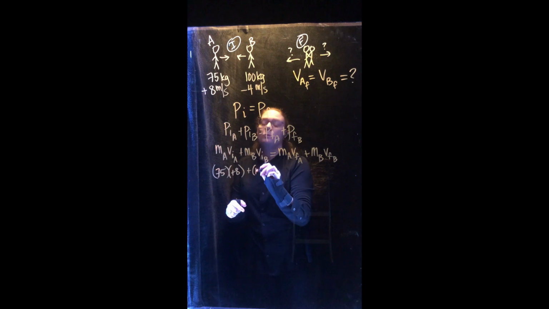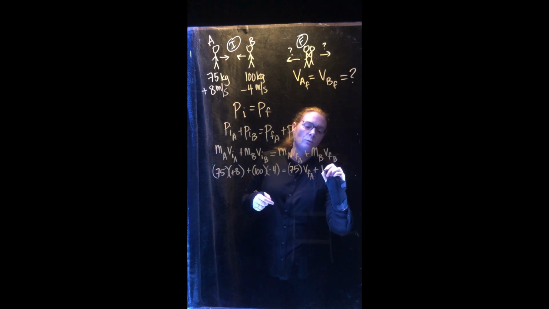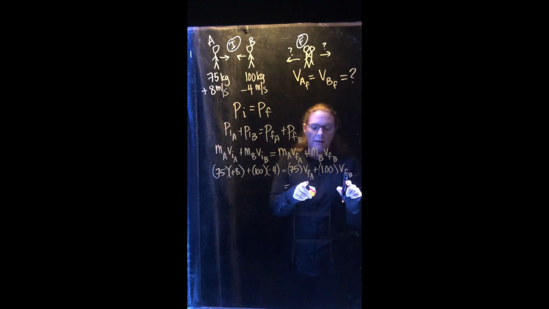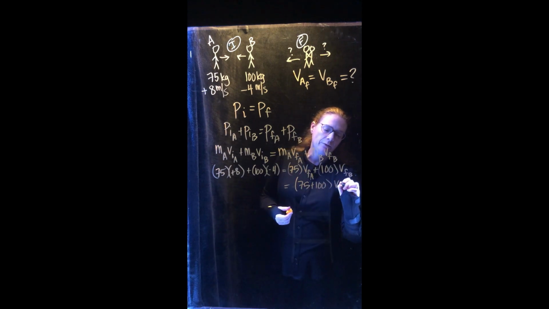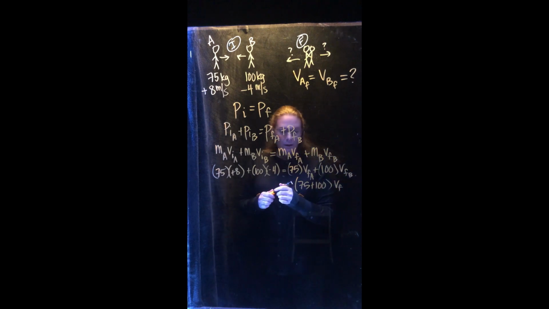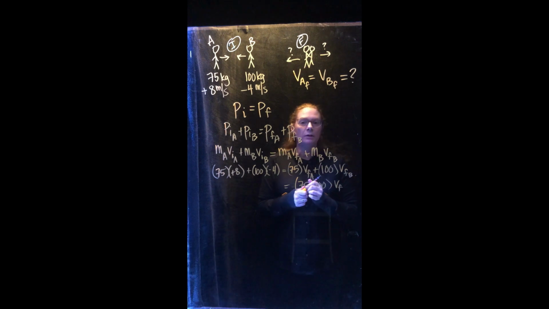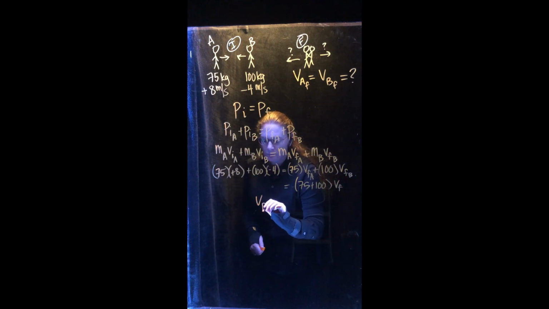Mass of B is 100 times velocity negative 4, equals mass A, 75, V final A, plus 100 times V final B. And because these are the same, I'm just going to pop those together and say that's 75 plus 100 times V final. Do we know everything? We do. So at this point, get a calculator, try the calculations, and see what you get for V final.